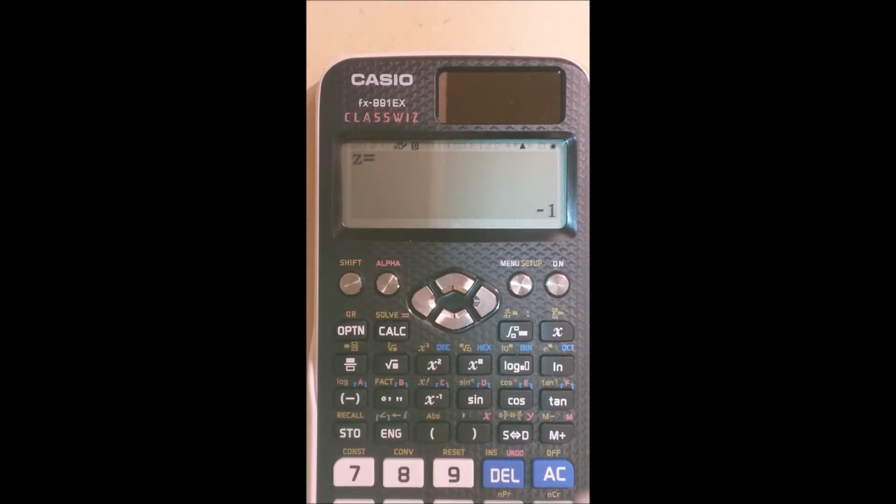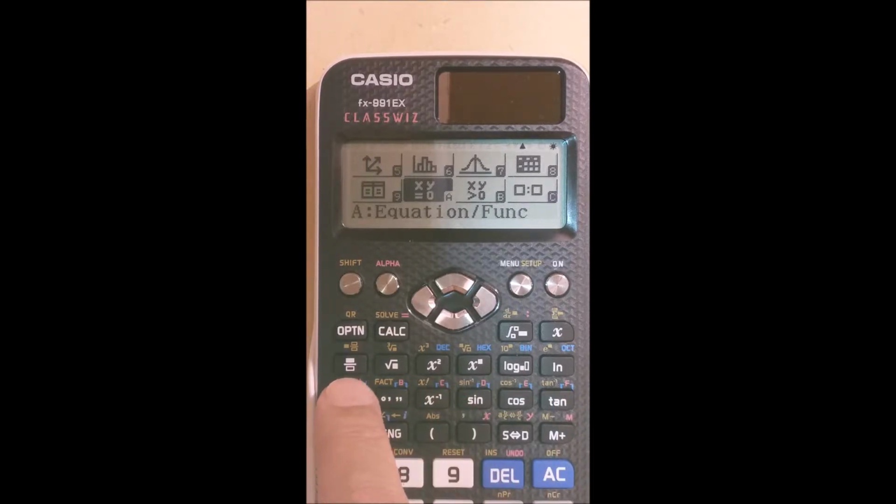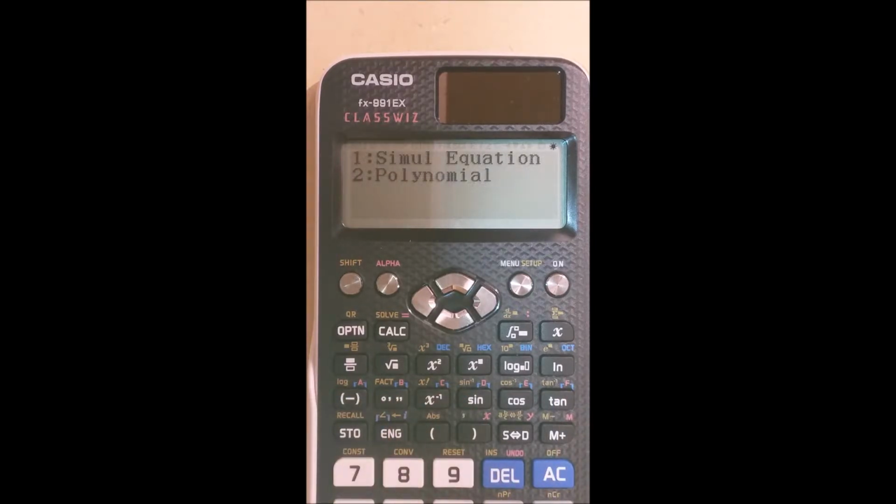Okay, I'm going to go to Menu again, and hit the A key, and simultaneous equations 1, and I'm just going to do the number 2. I'm going to do 2x plus 3y equals 9, so 2, 3, 9, and now 4, 6, equals 18.